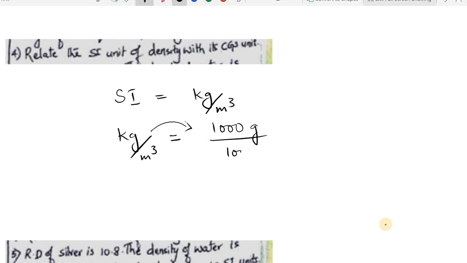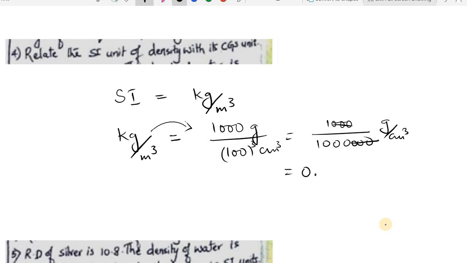So 100 cube centimeter cube, which is nothing but 1000 by 1, 2, 3, 4, 5, 6 zeros, per centimeter cube, or 0.0001 gram per centimeter cube.